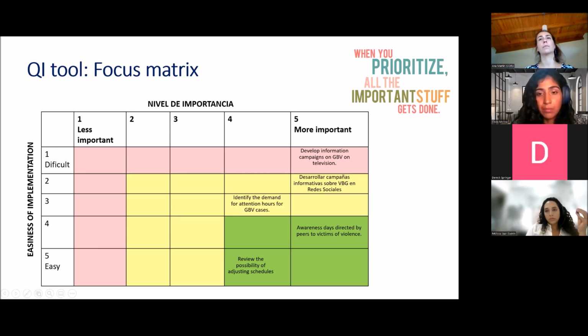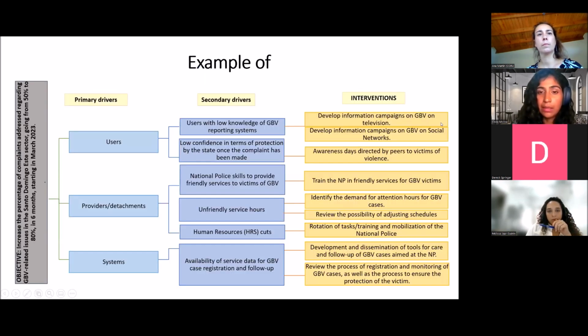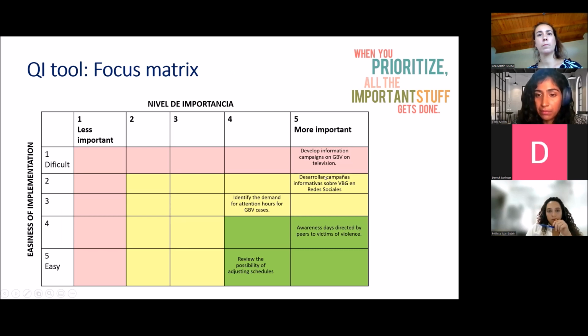Así vamos organizando cada una de las actividades propuestas en este mapa. Vemos aquí desarrollar campañas informativas sobre violencia basada en género en redes sociales. Bueno, sí, también es muy importante y es menos difícil que una campaña en televisión.